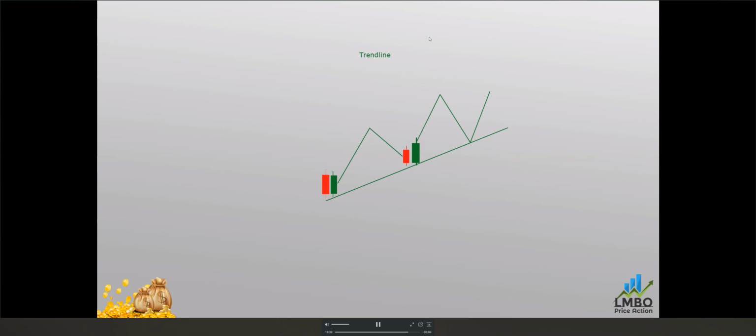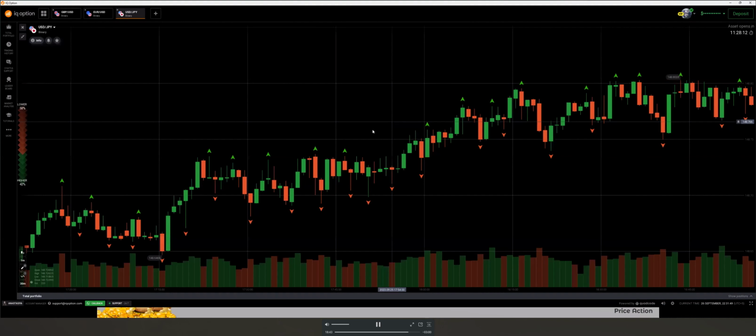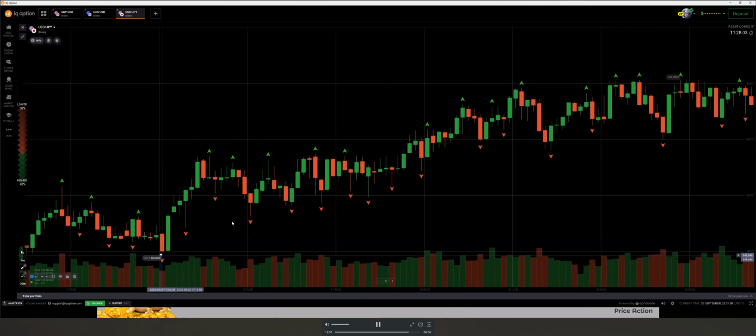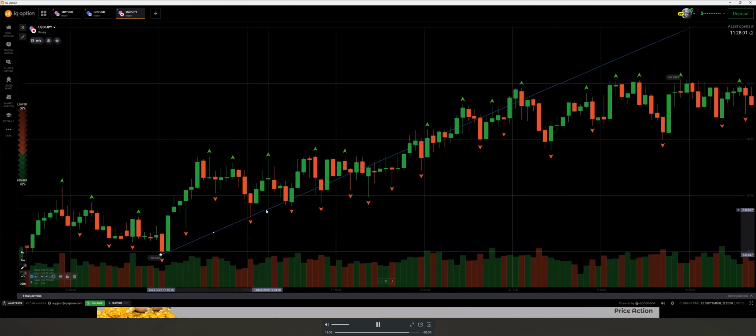So, for example, if we are identifying all these trend lines here, look, I'm drawing the trend line from this point to this point, if you can see. Go for here, then go for here, then go for here.